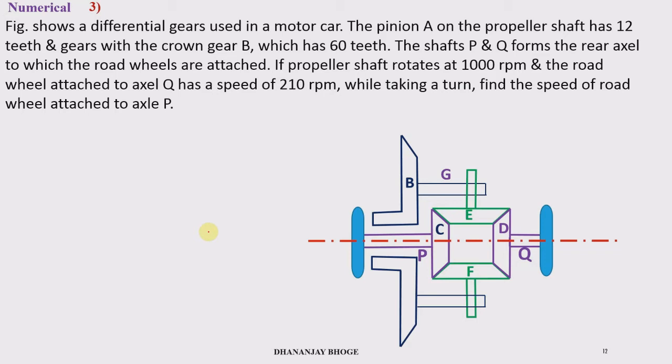Now this epicyclic gear train consisting of 1, 2, 3, 4, 5 gears is driven by pinion A mounted on the propeller shaft. So A will drive the crown gear B and B will drive the gear train.